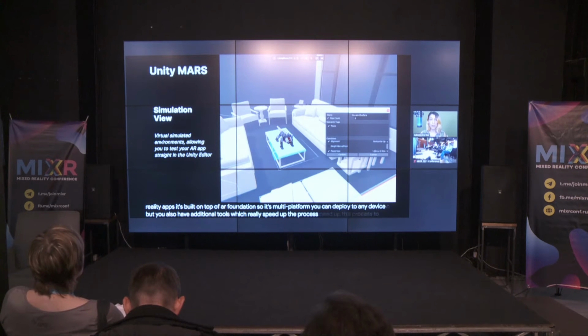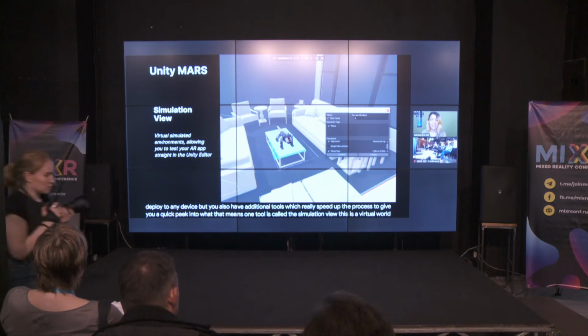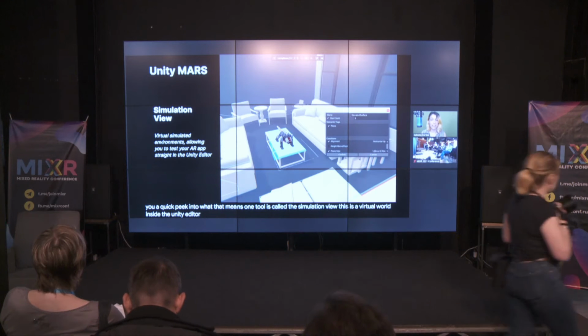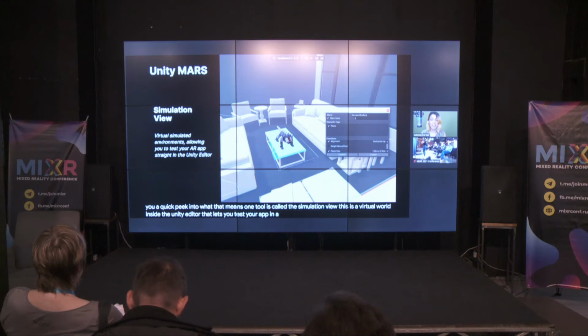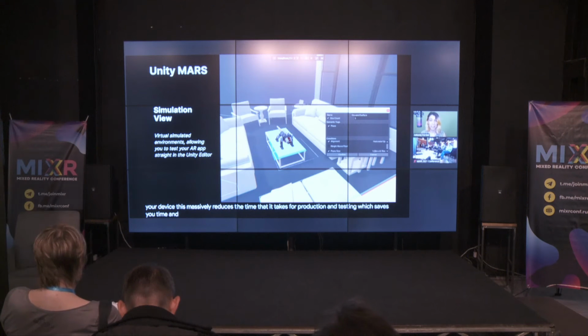To give you a quick peek into what that means, one tool is called the simulation view. This is a virtual world inside the Unity editor that lets you test your app in a realistic way without having to deploy it to your device. This massively reduces the time that it takes for production and testing, which saves you time and money.